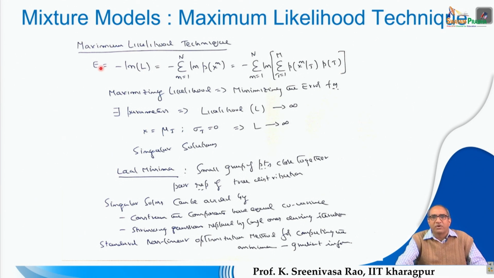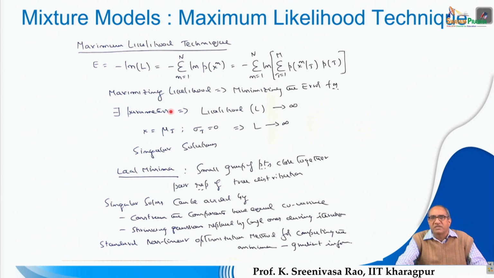That way we can estimate the error and try to minimize it, because maximization of likelihood is nothing but minimization of the error function. When you try to minimize that, you can see that the likelihood function may reach infinity.